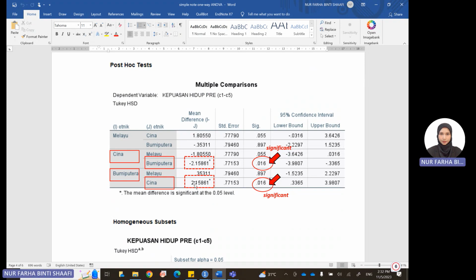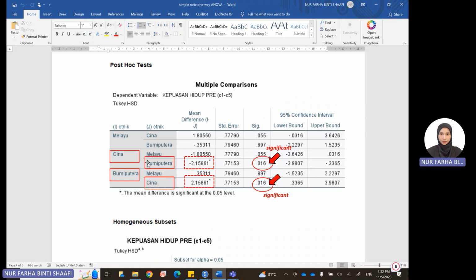Okay, so that is why you have negative and positive. So you look at here, you can see that there is a significant difference between these two ethnicities, which is Chinese and Bumiputra. Okay, you have no significant difference between Chinese and Malay or Bumiputra and Malay. Your issue here is Chinese and Bumiputra.